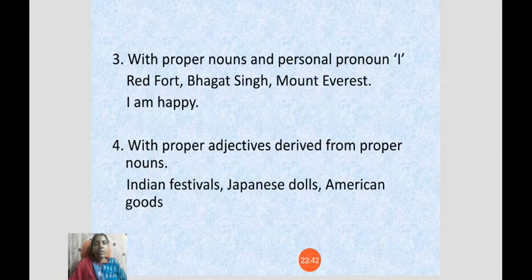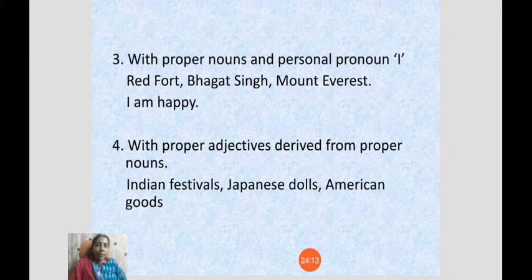R is capital and F is capital. Bhagat Singh is the name of a person. B and S are written in capital. Mount Everest is the name of a mountain and it's a proper noun. Instead of saying mountain, we are naming it Mount Everest. So M is capital and E is capital.